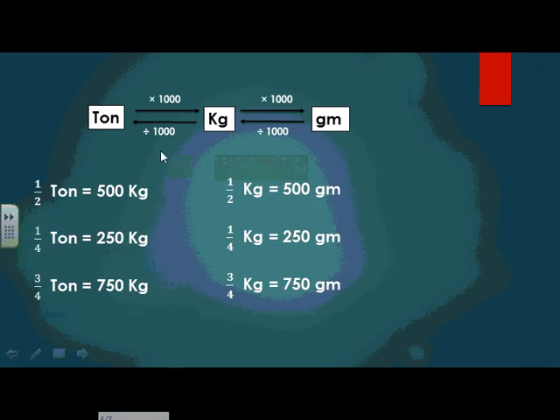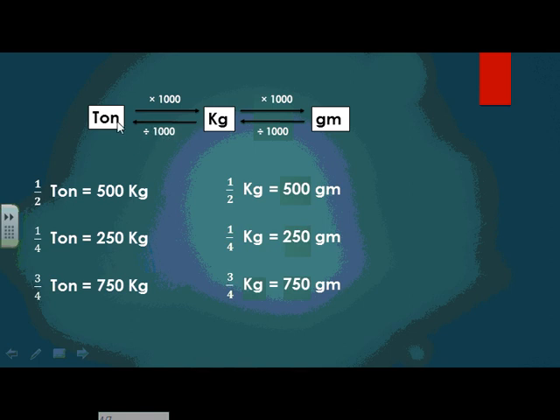Now the conversion. If I want to change from ton to kilogram and from kilogram to gram, changing from big unit to small unit, I'm going to multiply. And changing from small unit to big unit, I'm going to divide.